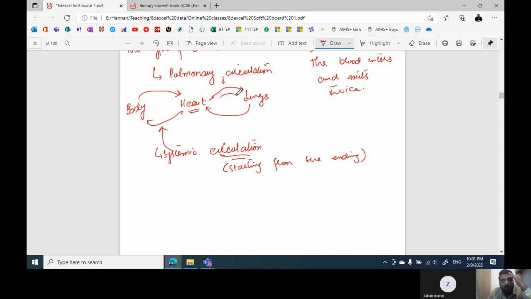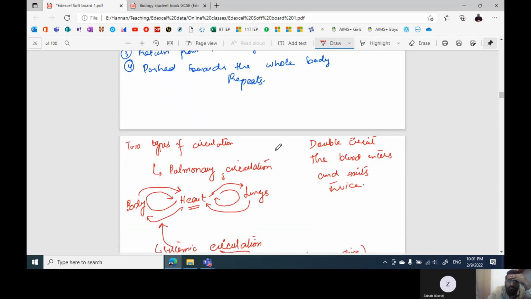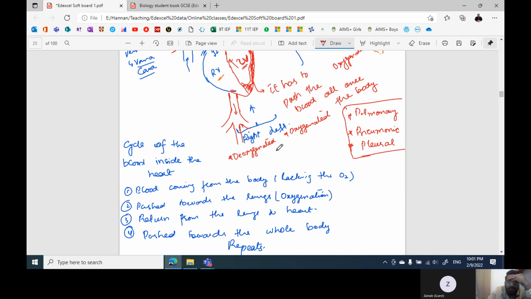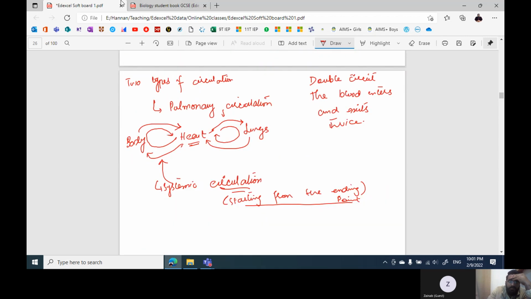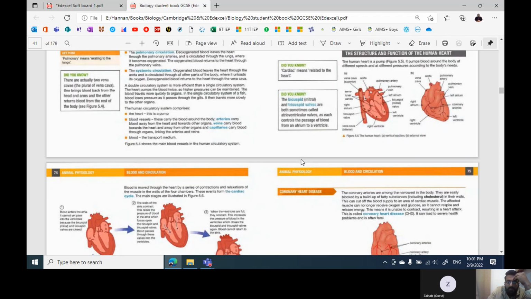This is one circulation. In the systemic circulation, the blood would start from the heart, go towards the body, and then return back to the heart. This is another circulation. So you can easily see that the blood is always starting from the ending point. Pulmonary circulation and systemic circulation are two different types of circulation in our heart.